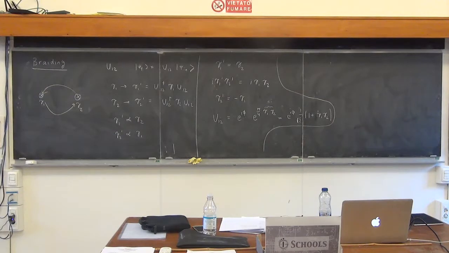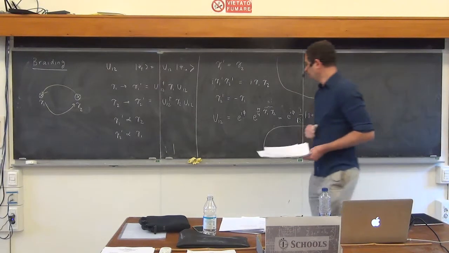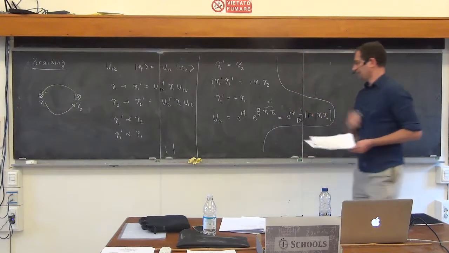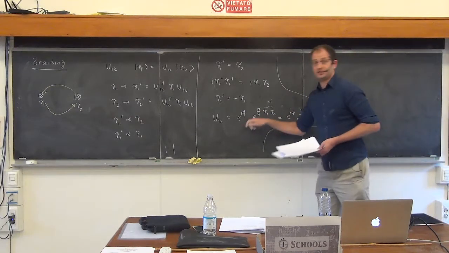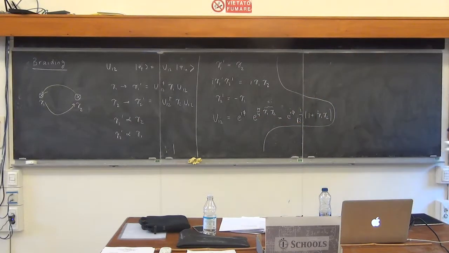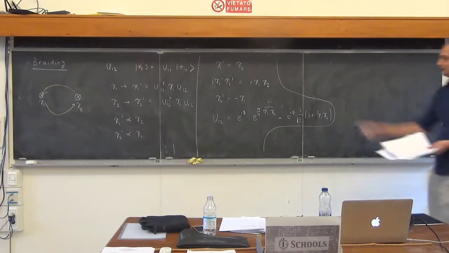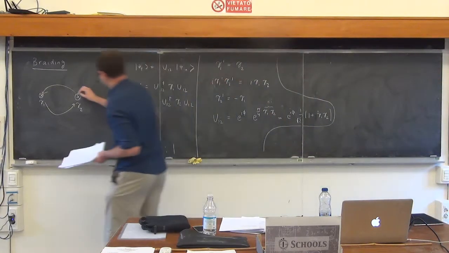You can separate the phase into a geometric part and a dynamical part. Can you at least define the Berry phase part of this operator? So the answer is that it depends. It actually depends on the system. In the particular example that I'm showing you here, that's kind of hard.